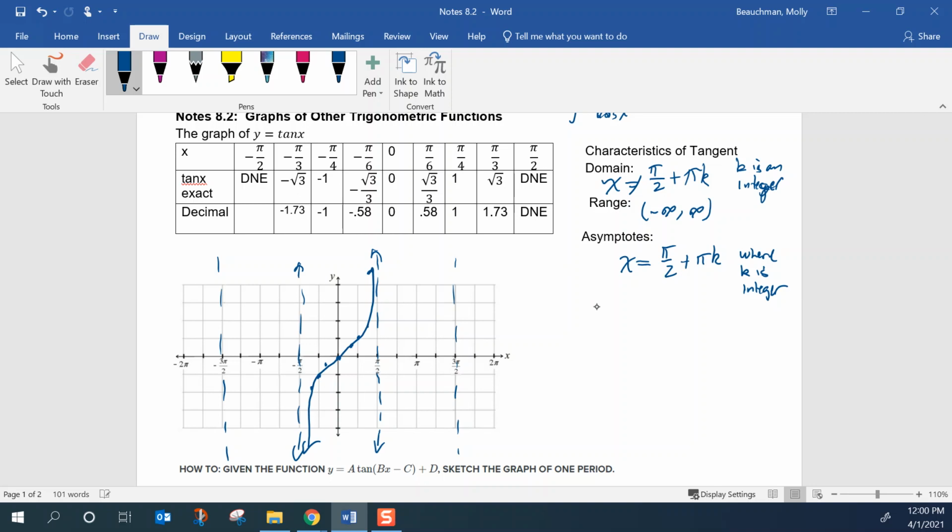And then the period of the tangent function is equal to pi instead of 2 pi. And the key points that we use in graphing, when we're graphing with transformations, it's easier to transform these particular points. Negative pi over 4, negative 1.